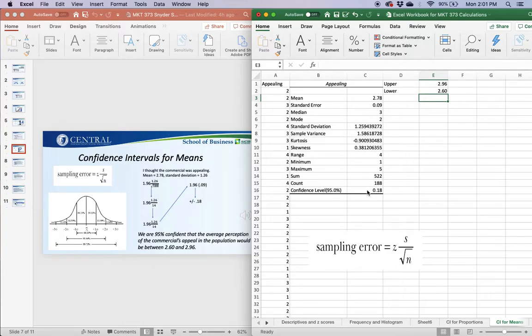While our best estimate is 2.78, given error, we're 95% confident that the population mean falls somewhere between 2.6 and 2.96. And there you have it, confidence intervals for means.